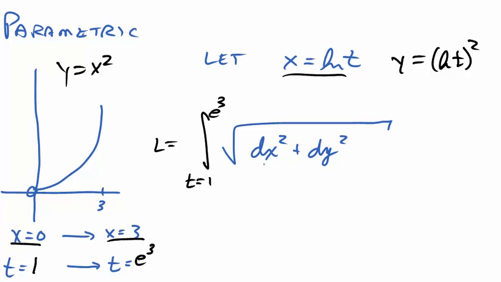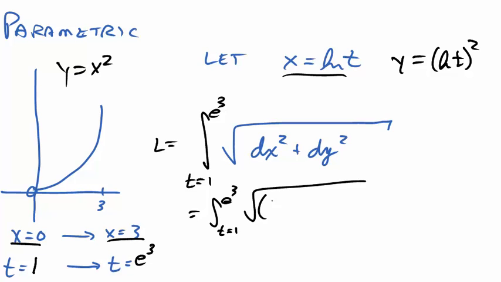But what do I do with my dx's and my dy's? The last couple times I could factor out a dx or factor out a dy because that's what I was in terms of. This time I'm in terms of t. So it might make more sense to actually factor out a dt. So I'm going to let my integral go from t equals 1 to e cubed.